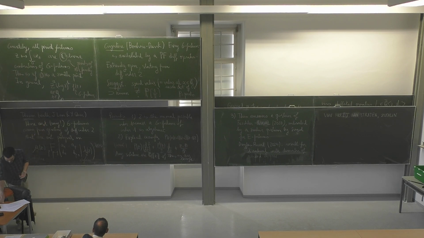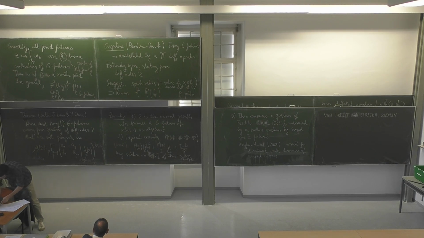And in that case, they can write down an explicit integral representation of such functions. And they suggest very strongly that it is not of this shape. And I think putting the two things together, we can actually prove that it is not of this shape.